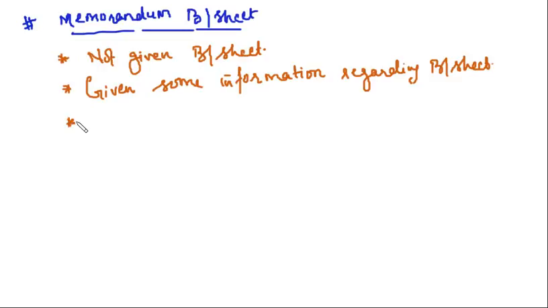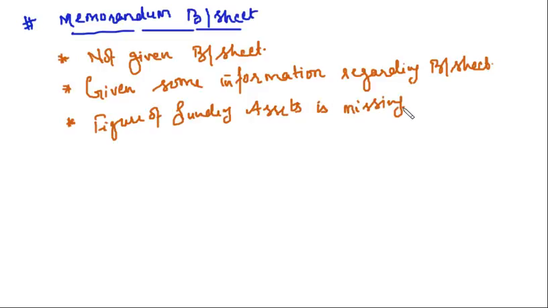Then one important thing, the figure of sundry assets is missing. Clear? These are the three important things that you will find when you have to prepare a memorandum balance sheet. Clear?